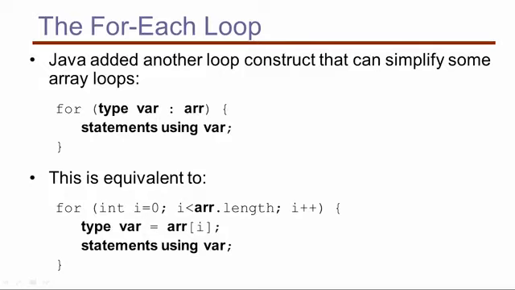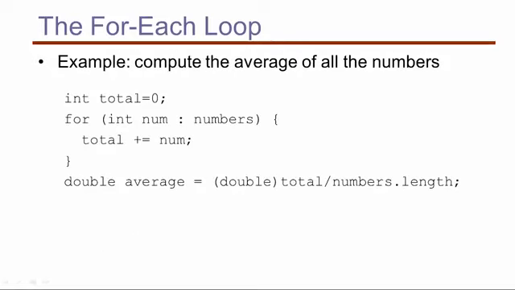Thus, the Foreach loop is equivalent to this standard for loop where we declare a loop counter variable and have it iterate over all possible index values, and then assign the next array element to a local variable which we then use in our calculations. Consider this example where we want to compute the average of all the values contained in an integer array. We saw this example several times already. We declare and initialize our cumulative sum variable before the loop.